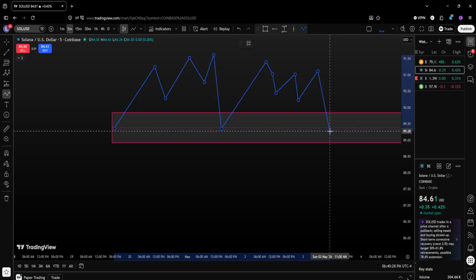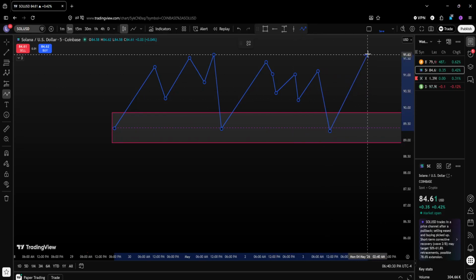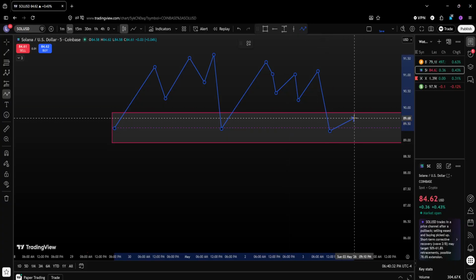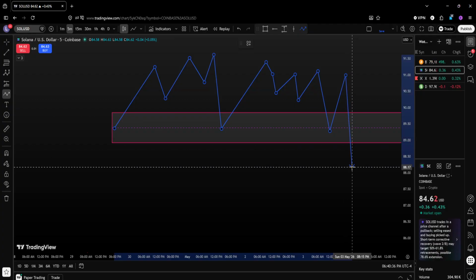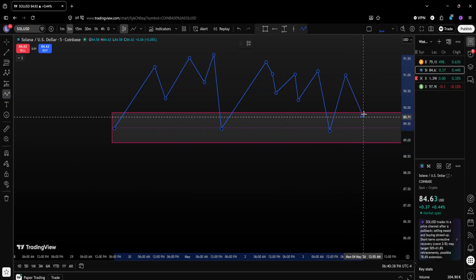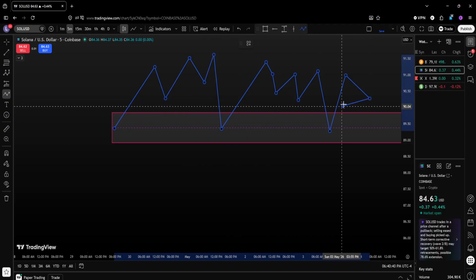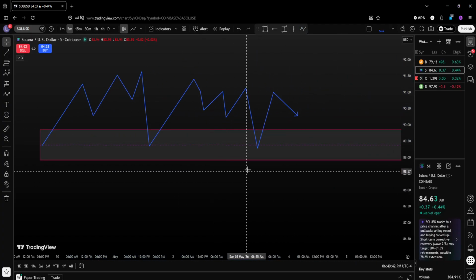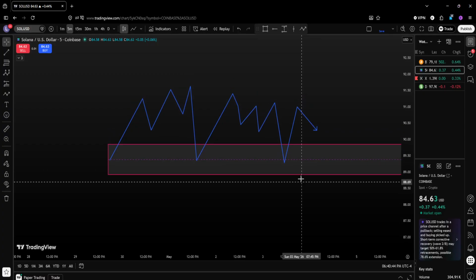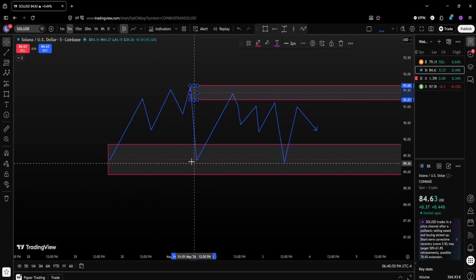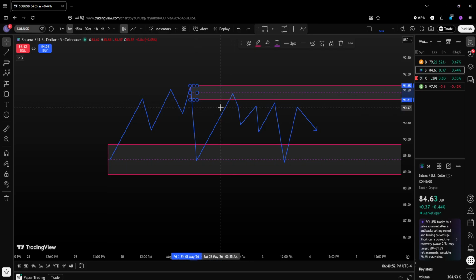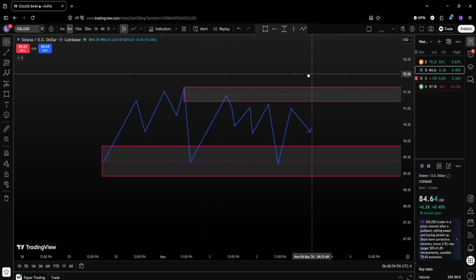When it goes back into this level, it's more likely to go back up and not go even more below it, because this level is protected by all the orders. This would be an example of support, and an example of resistance would be on the top. Support is always going to be at the bottom, and resistance would always be at the top.